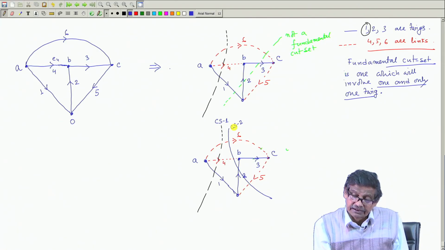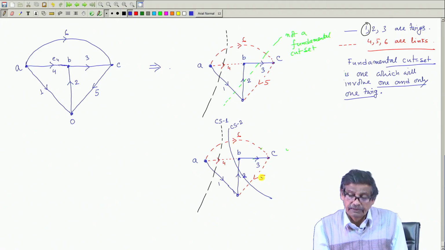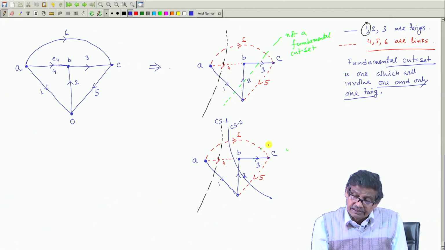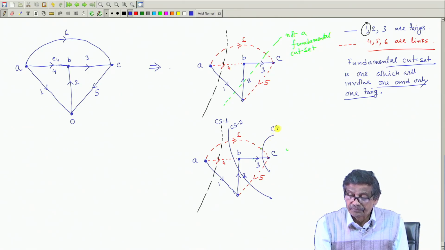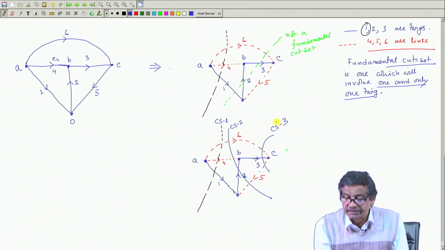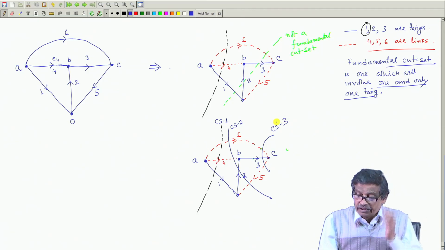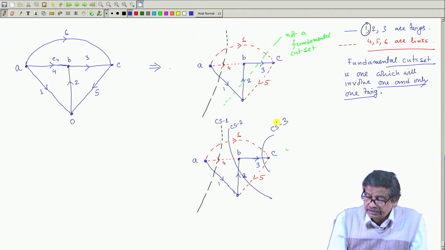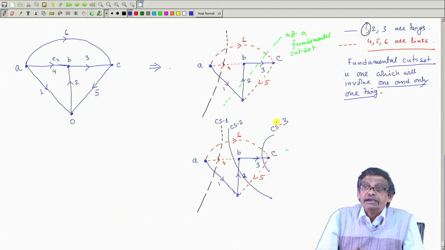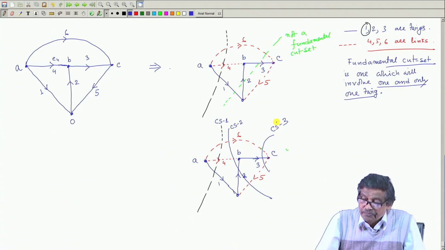Similarly, here is cut set 2, and there will be a cut set here. This twig 3 is involved, so cut set 3. So, these are the 3 fundamental cut sets possible.